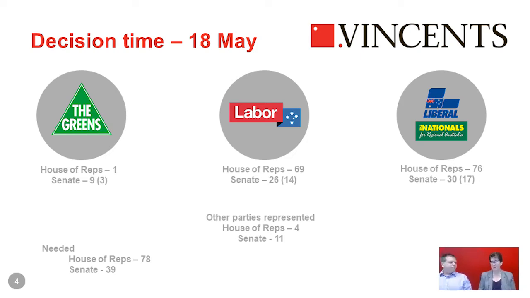Exactly. In the past, if we knew who was going to win the election, we could have a fairly good idea as to what we were going to be dealing with post-election, depending on which party won the lower house. I think in recent times we've seen a bit of a change in the way the political landscape operates, and now, regardless of who wins on the 18th of May, it will very much depend on how the Senate's made up as to what really happens as far as the government's concerned, and what our tax laws and super laws are really going to look like.